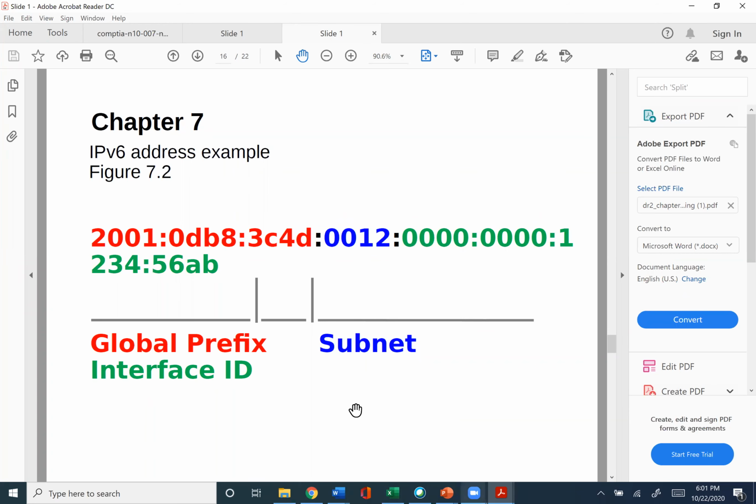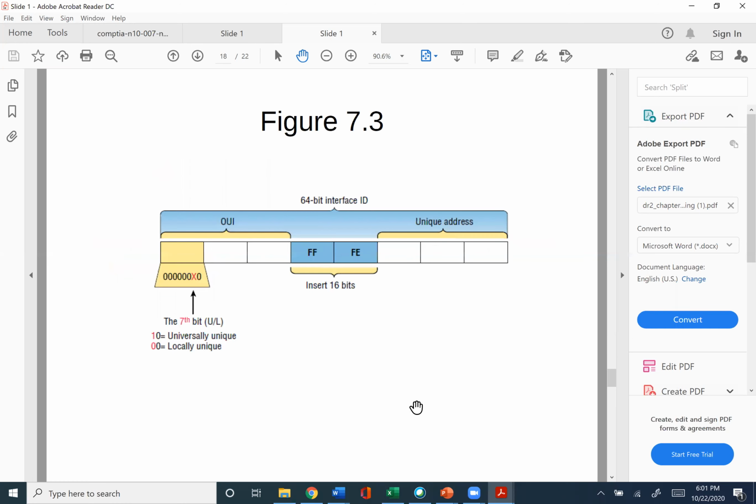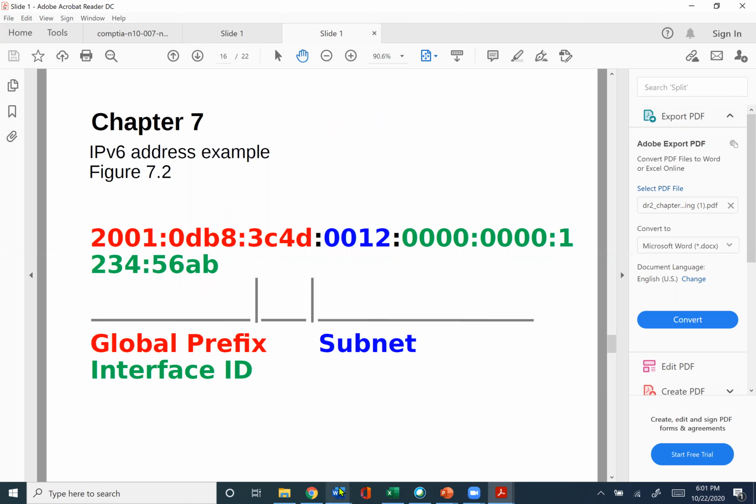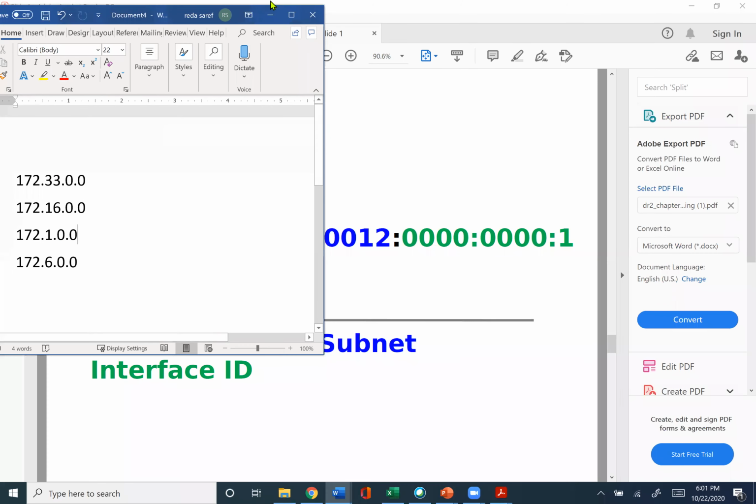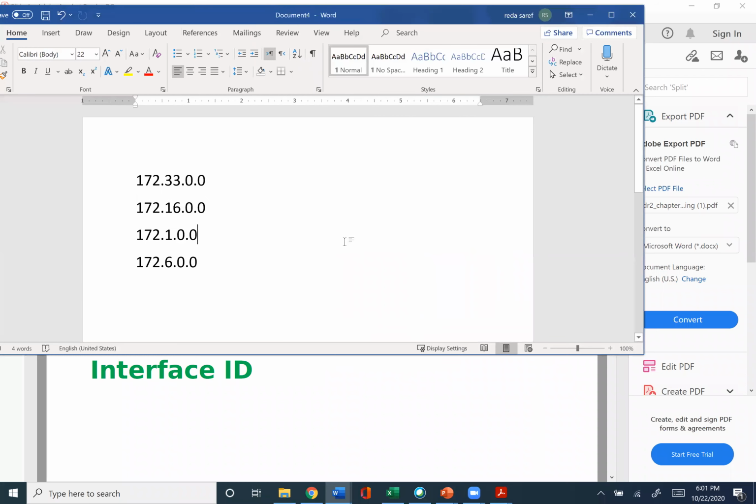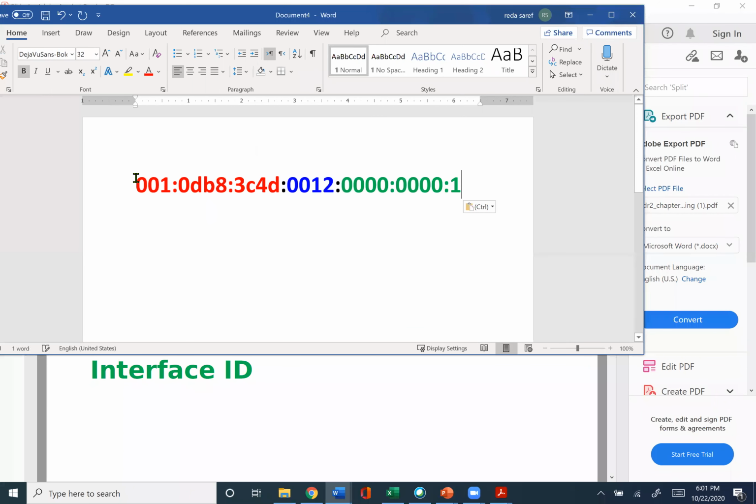So I'm gonna grab this and try to elaborate on this a little bit. Okay, think about an IPv6 like this.